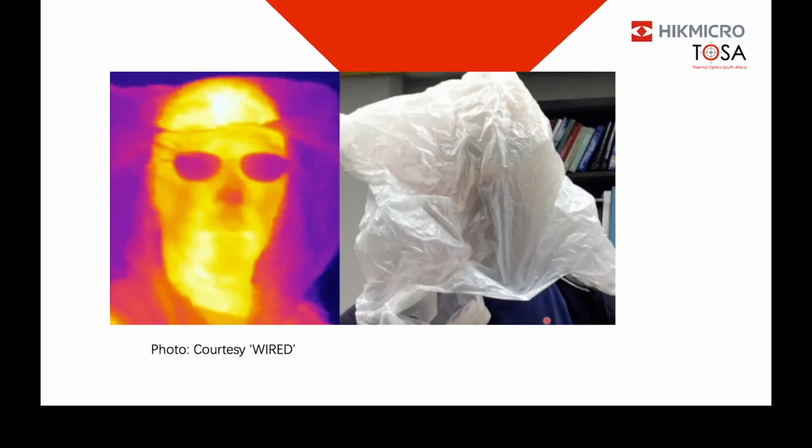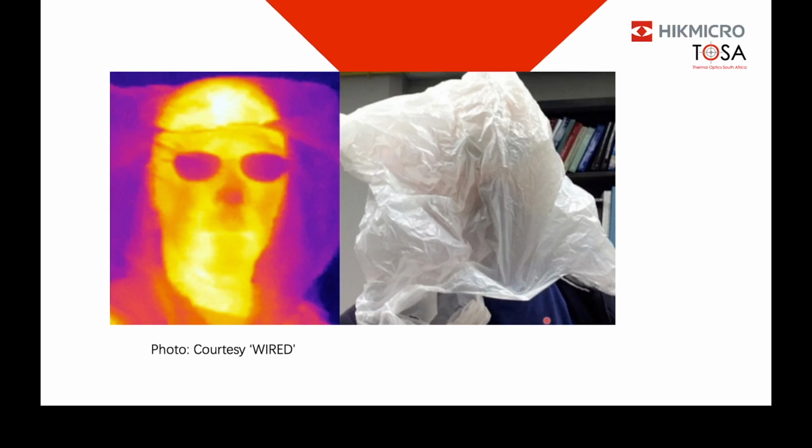Okay, so there you see what I've just demonstrated. You'll see this person has hidden himself behind a white plastic bag. You'll see that the light reflected from the bag actually hides his face on the left hand side. Like I've demonstrated, you can clearly see the heat radiation from his head.